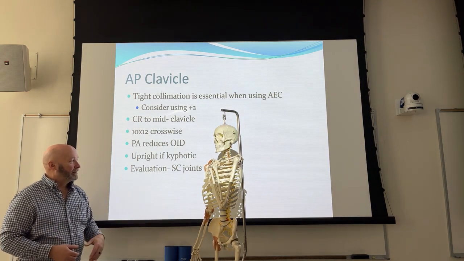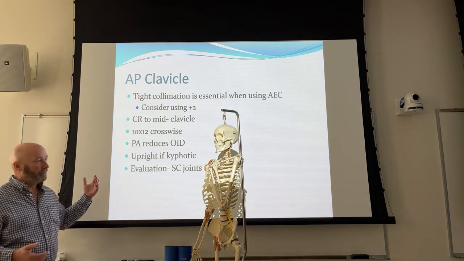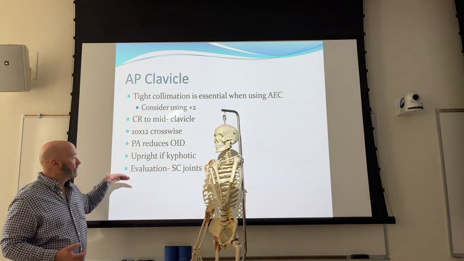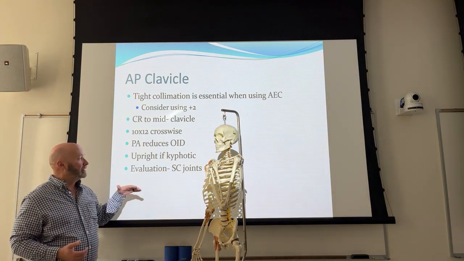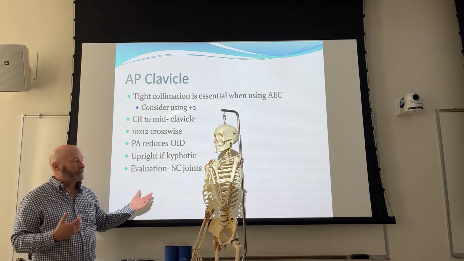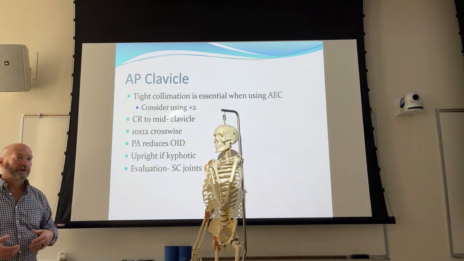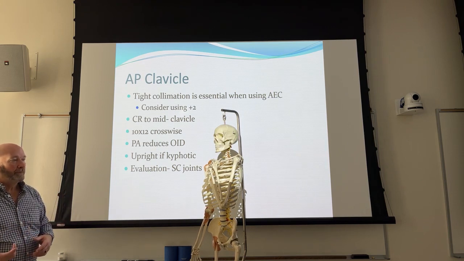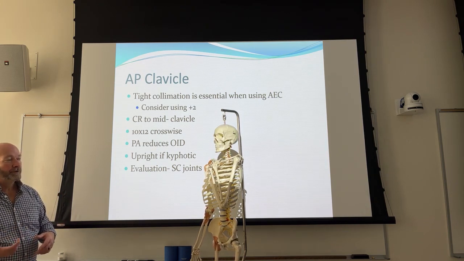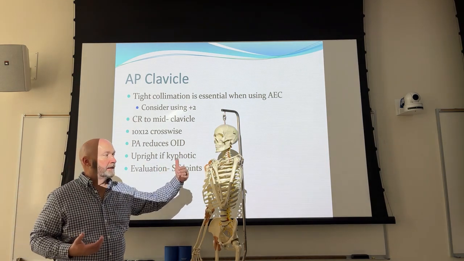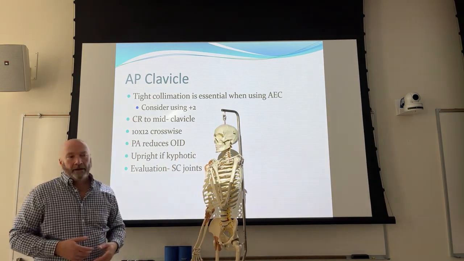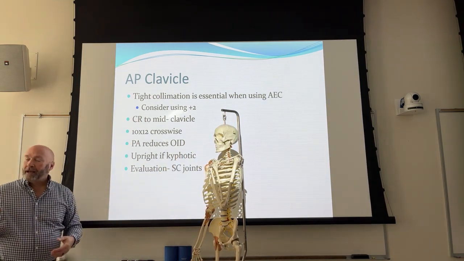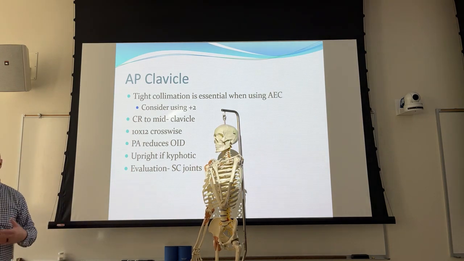So we talked about the AC joints before we broke. But what we're going to look at is, for rotation, the sternoclavicular joints. And what you should see on your AP of the clavicle is superimposition between the medial end of the clavicle and the first two ribs. And realistically, on your AP axial, it's not going to be a whole lot better.